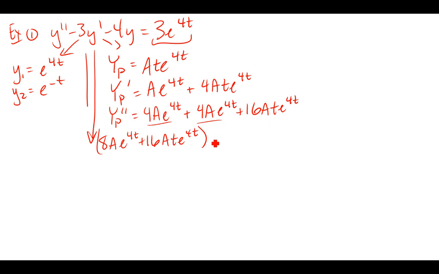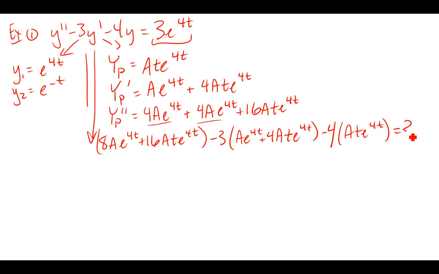All right, and then minus 3 times y prime, that's a e to the 4t plus 4a t e to the 4t. And then I have minus 4y, which is a t e to the 4t. And on the right-hand side, I'm apparently supposed to just have 3 e to the 4t.